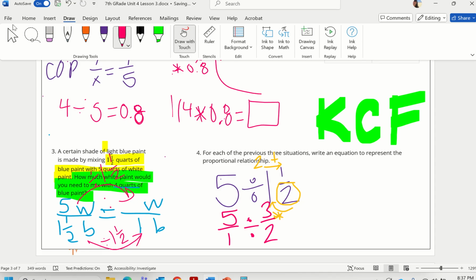So now, for my problem, I have just fractions. 5 divided by 1 and 1/2 is the same as 5 over 1 divided by 3/2. But now I can easily do keep, change, flip with how I rewrote it. So I'm going to show my work over here. For keep, I know I have to keep my first fraction the same. 5 over 1 stays 5 over 1. Boom.